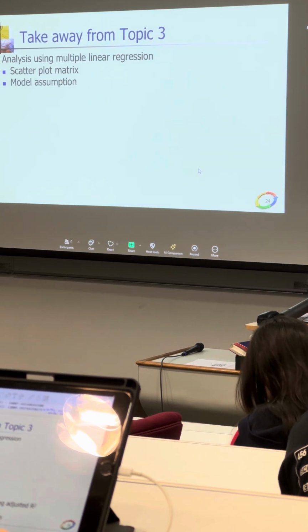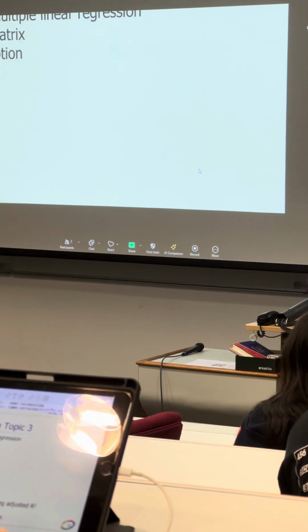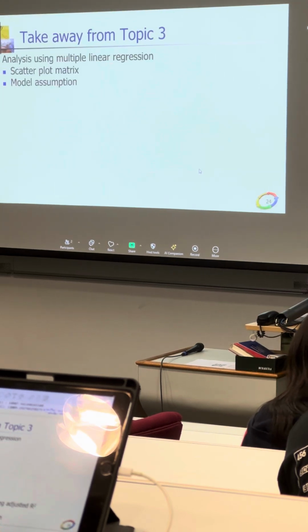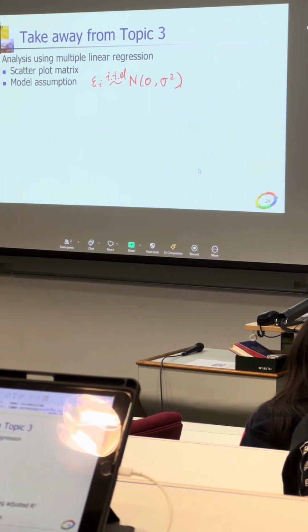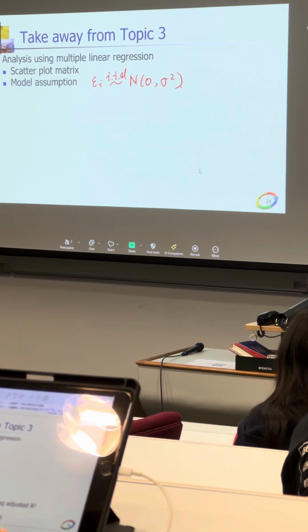After that, we fit the model, and then we check the model assumptions. Recall that the model assumption involves the random error term. We say epsilon i is IID normal with mean 0, variance sigma square. So here we have 4 assumptions. Now, you need to check those 4 assumptions using the residual plots. Different residual plots can be used to check different model assumptions.